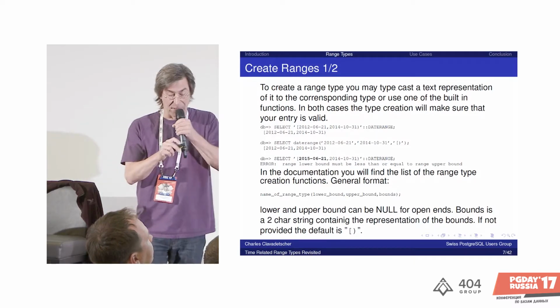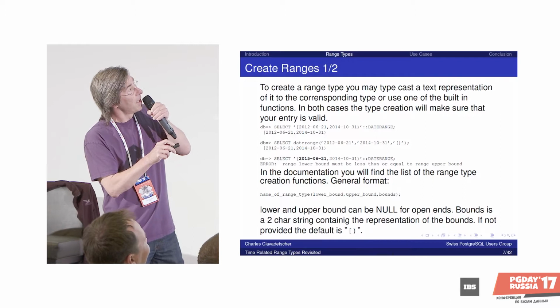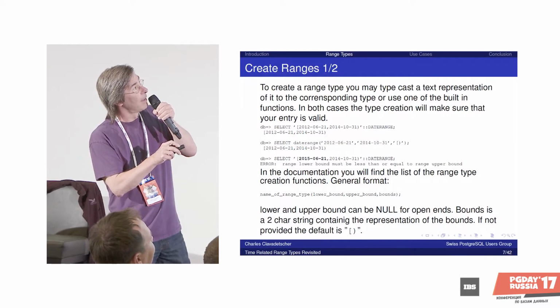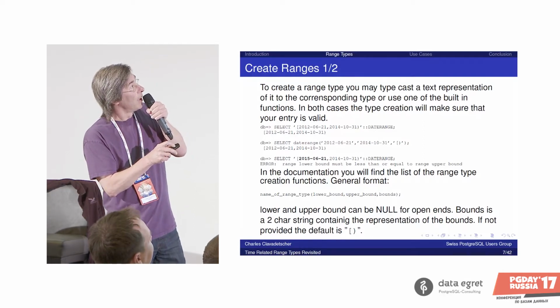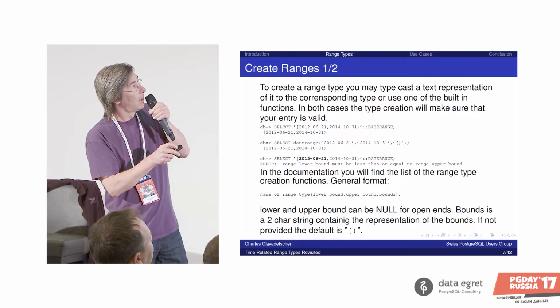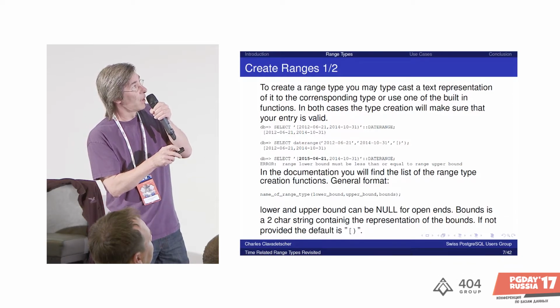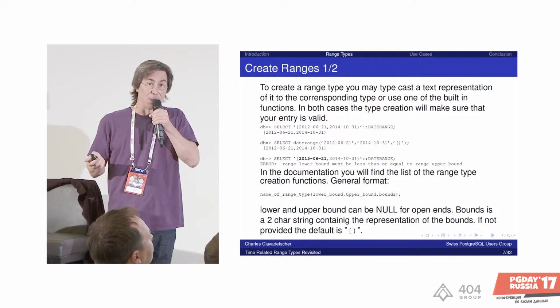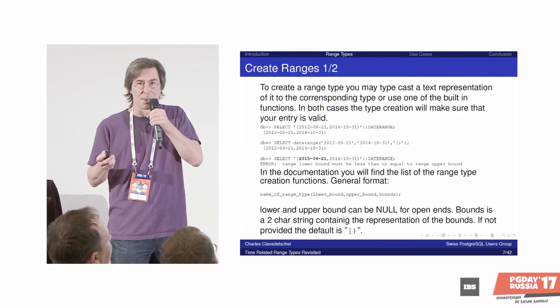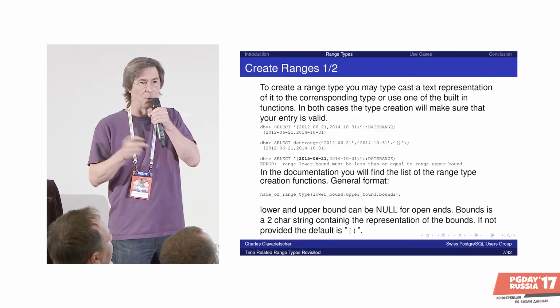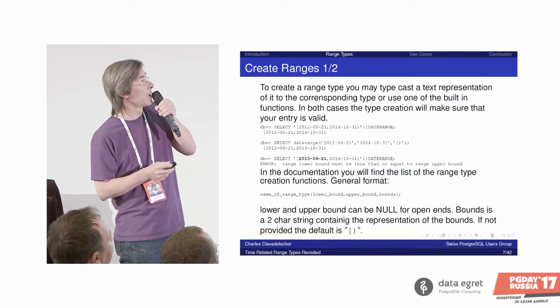We have a beginning, an end, and we have the casting, using the casting operator, which is typical for Postgres. Now, in this case, as you see, this day is included in the range, while this one is not, right? We could make it differently. We could have the same date expressed in a different way using these inclusion or exclusion operators.